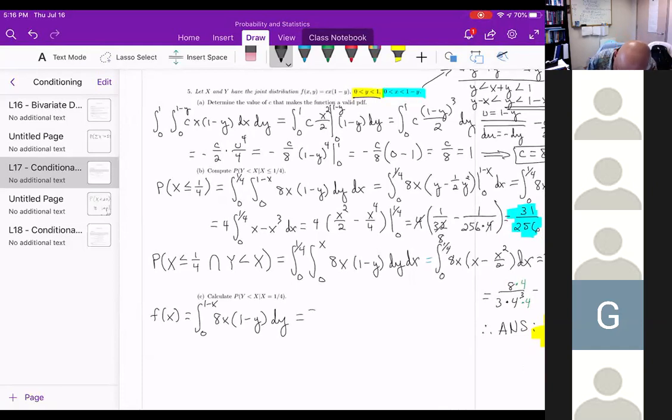And so now we need to evaluate this. Integrating with respect to y, 8x is treated temporarily like a constant, and we've got y minus y squared over 2, which again, we're evaluating y from 0 to 1 minus x. So this is going to give us 8x times 1 minus x minus a 1 minus x quantity squared over 2. I'm going to simplify this a little bit by factoring out a 1 minus x.